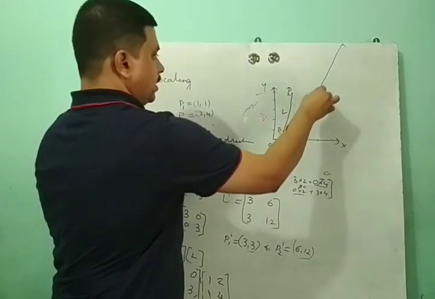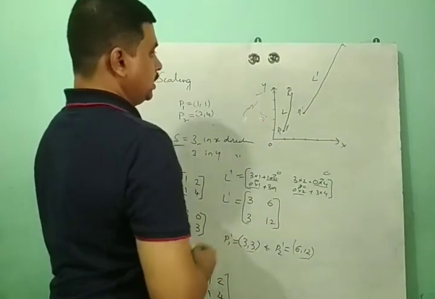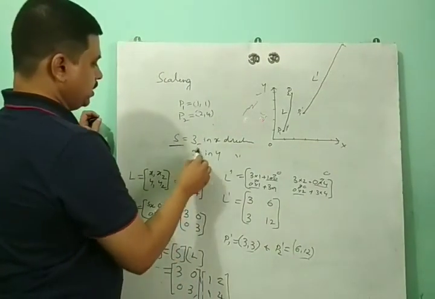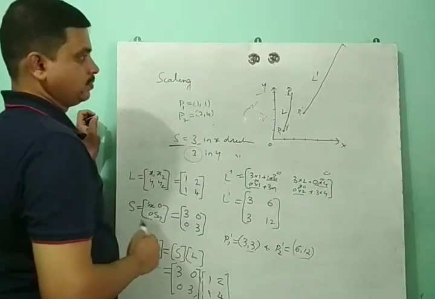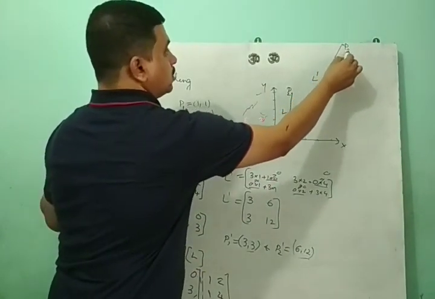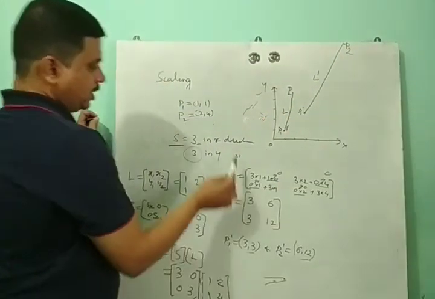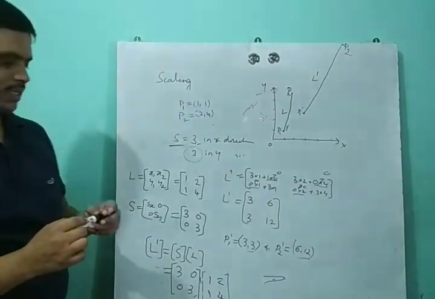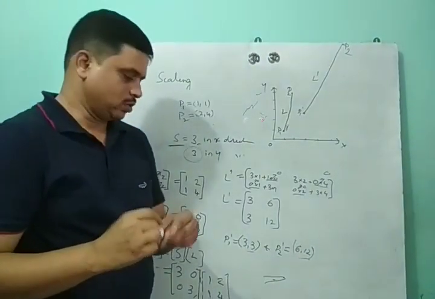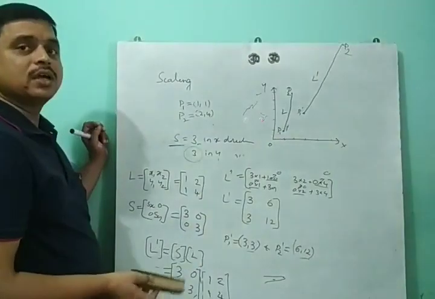If you join a line here, this is L dash, the line scaled by 3 units. So this is the P1 point, and this is the P2 point. In this way we have to apply the scaling transformation to the matrix, the given point or a given line.